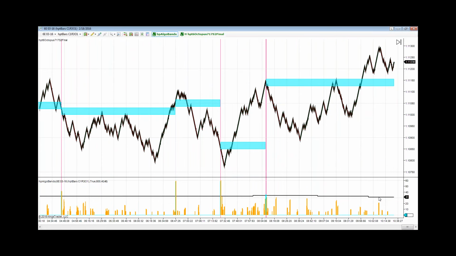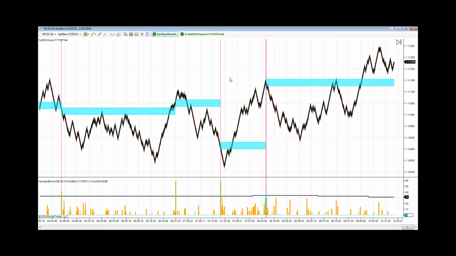So it's dynamically looking at that. It's analyzing, again, what the institutions are doing. And notice every time this value got to the line and above, you got an algo band. All right. So that's how the automatic works.